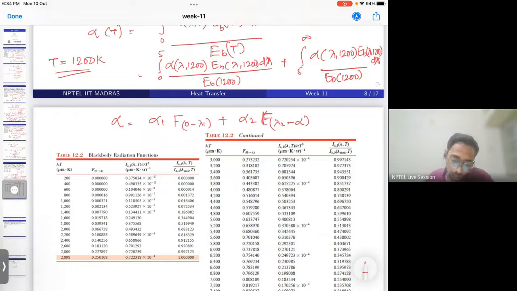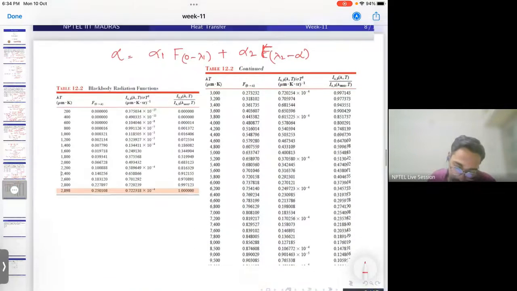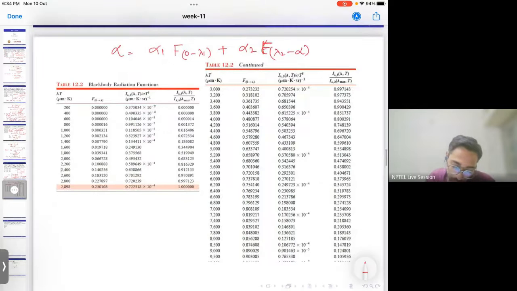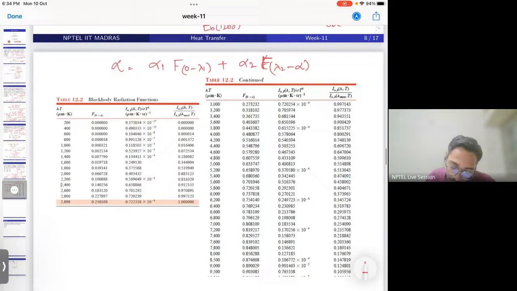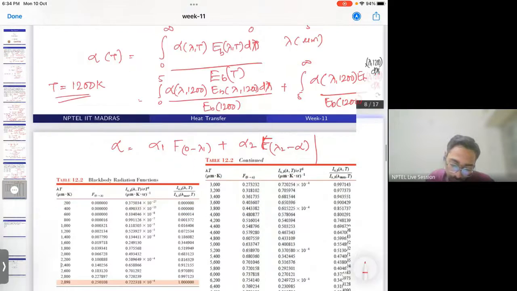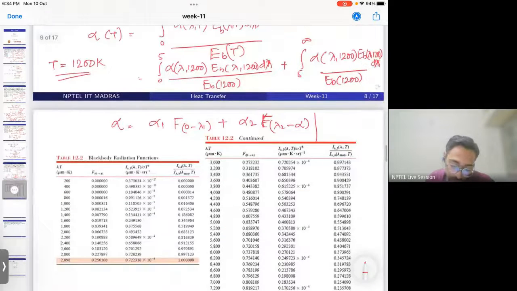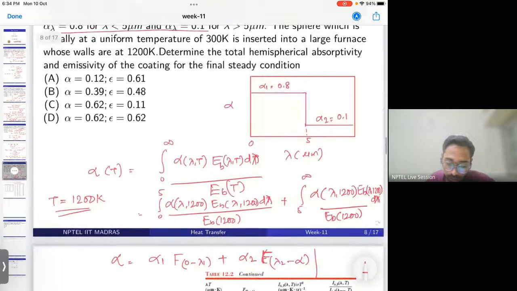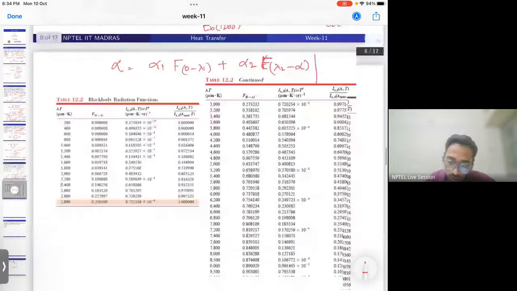Because it's from lambda 2 to infinity, the summation of these functions for the whole range of lambda should be equal to 1.